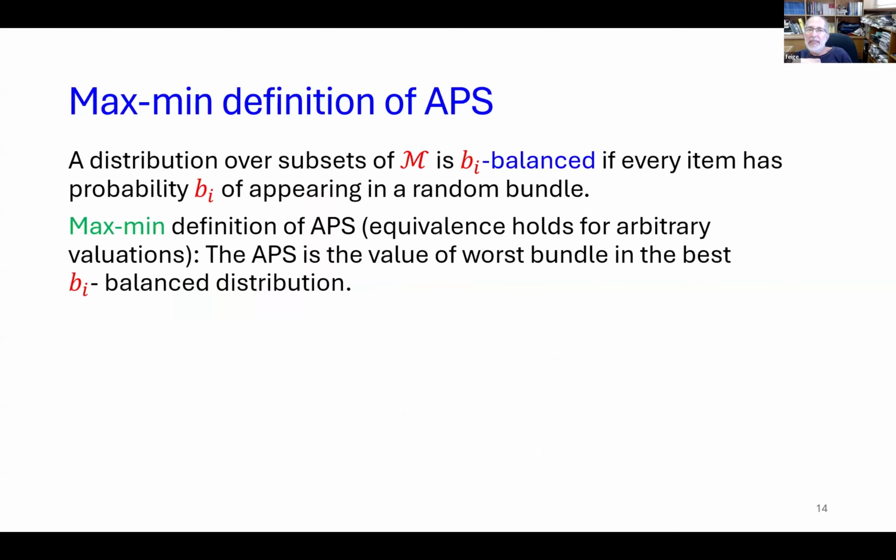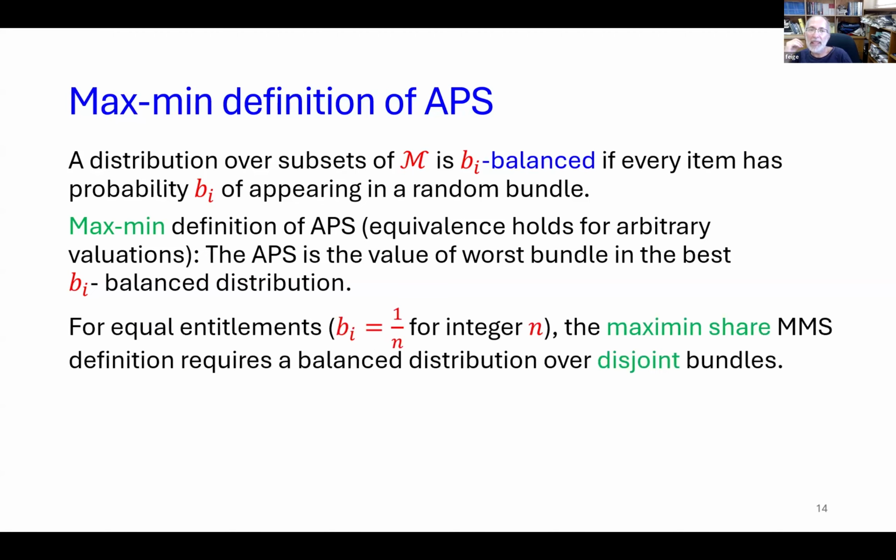So the max-min definition of the APS, which is equivalent to the pricing definition, where the equivalence goes through linear programming duality, is that the APS is the value of the worst bundle in the best b_i balanced distribution. So the agent can choose the b_i balanced distribution, and the worst bundle in this distribution is the value of the APS. We can compare it to the definition of the MMS in the case of equal entitlements.